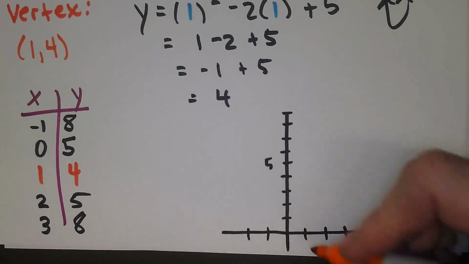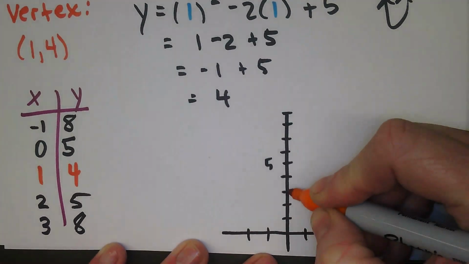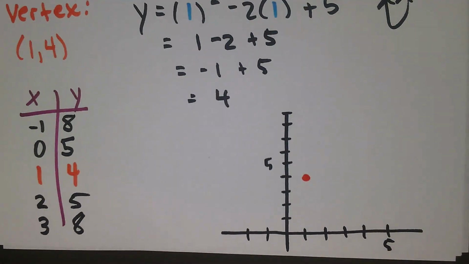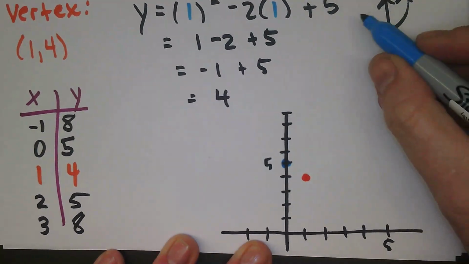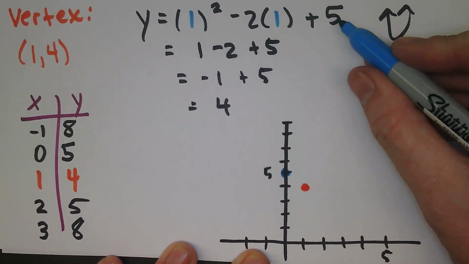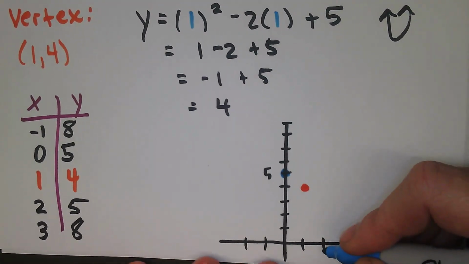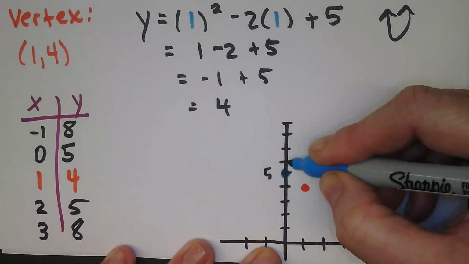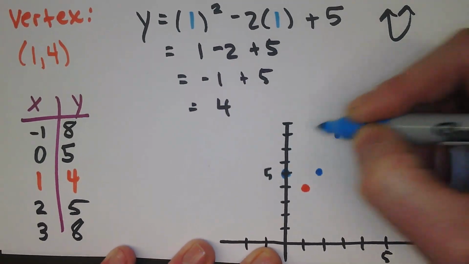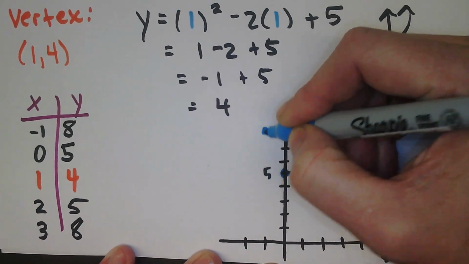Okay, 1, 4, my vertex. 1, 2, 3, 4. And then all these other coordinates here, 0, 5, which makes sense, by the way, because that's my y-intercept. My y-intercept here is 5. 2, 5, 3, 8, 6, 7, 8. Over here, -1, 8.